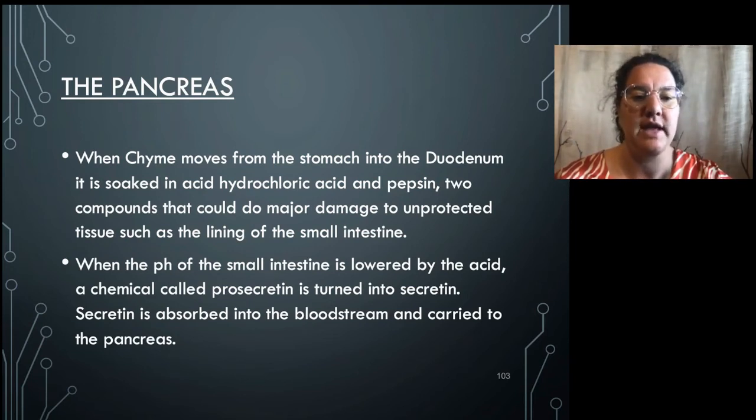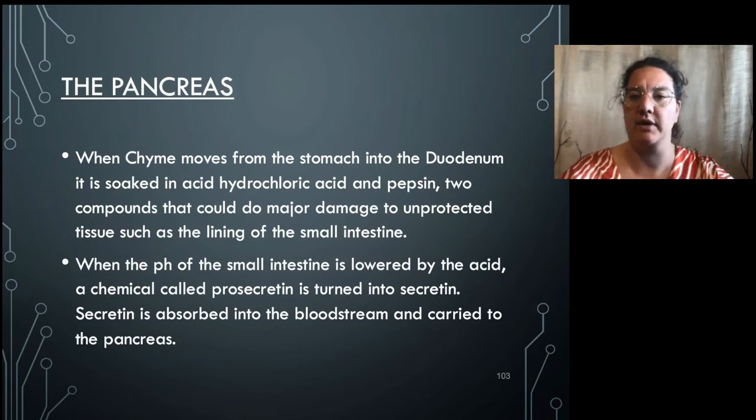And it also secretes a chemical called secretin. When the pH of the small intestine is lowered by the acid, a chemical called prosecretin is turned into secretin, which is carried to the pancreas then.